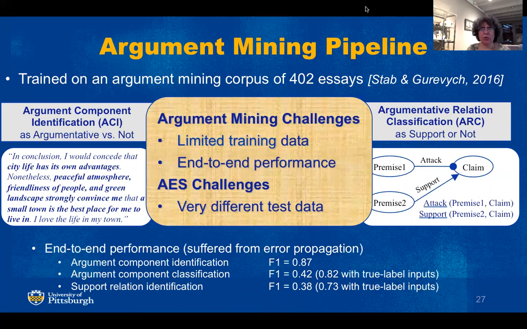And here are just some numbers to show the degradation in performance in an end-to-end system. When we have true label inputs, all three components perform fairly well, but when we put them together, there's significant degradation. Nonetheless, we were interested to see, even with so much noise, was there some useful information that could enhance essay scoring systems?